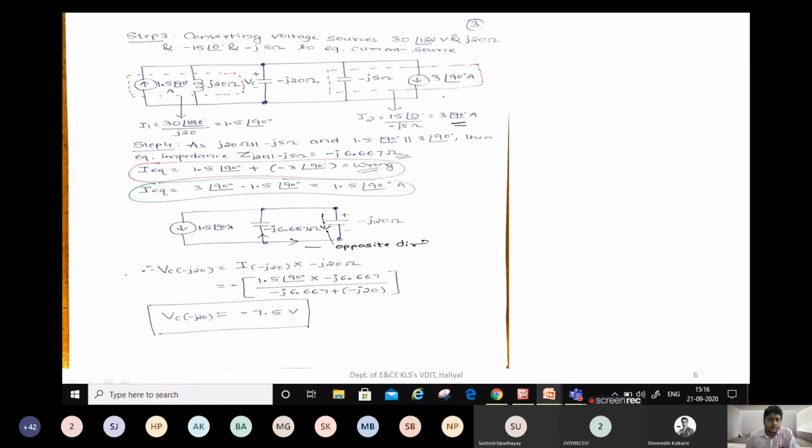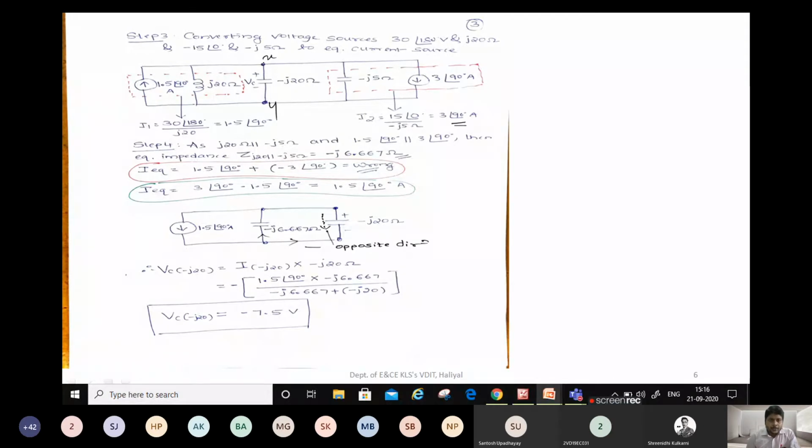If you have any questions, you may ask. Okay, I hope the things are clear. Now, the common mistake the students will make is, now you see what is the requirement? We require the voltage across these 2 points.